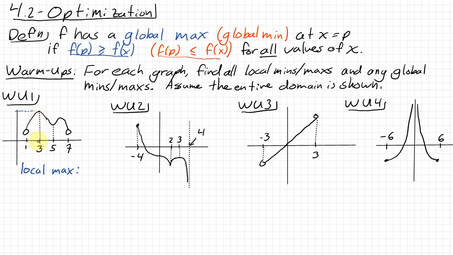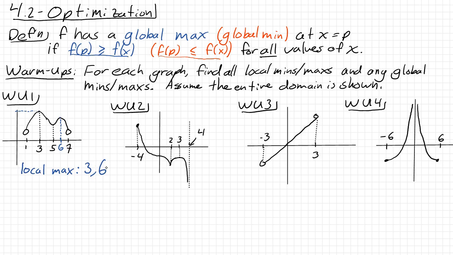If you plug in something like 2.9 or 3.1, you get something a little less than that on the y-axis. So 3 is one, and then also at 6 there's another one, because f of 6 is a little bit bigger than f of 5.9 or f of 6.1. So that's a local maximum there.